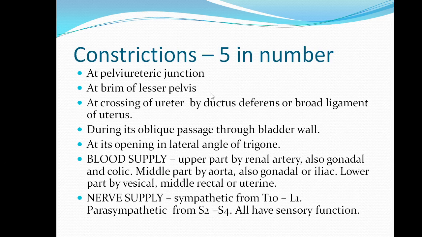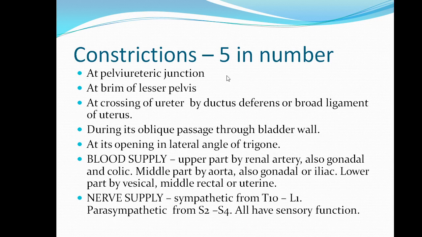There are five constrictions in the ureter, and these constrictions are very important if there is passage of a stone through the ureter. These are the places where a stone may get held up, leading to ureteric colic or renal colic.